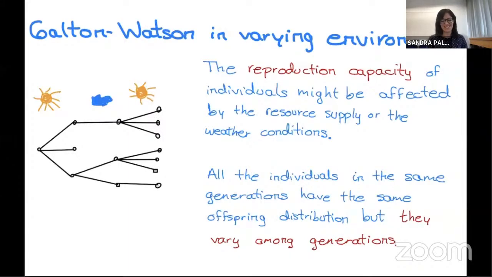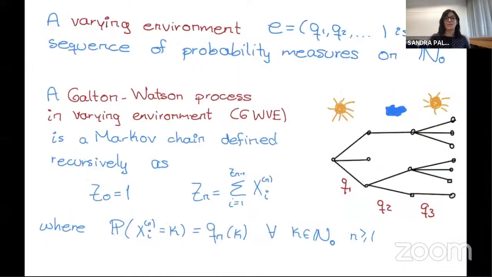More precisely, a varying environment will be a sequence E equal to Q1, Q2, and so on, a sequence of probability measures on the natural numbers that includes the zero. A Galton-Watson process in varying environment, which we are going to denote by GWVE for short, is a Markov chain Z_n defined recursively in the following way.